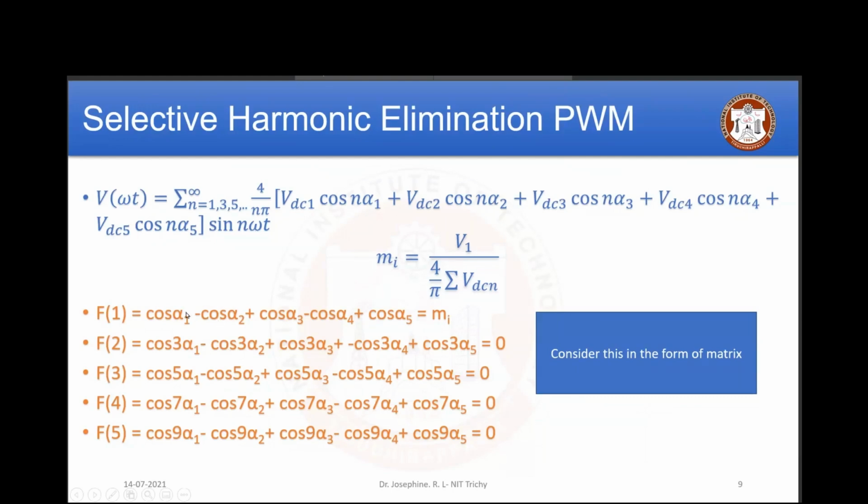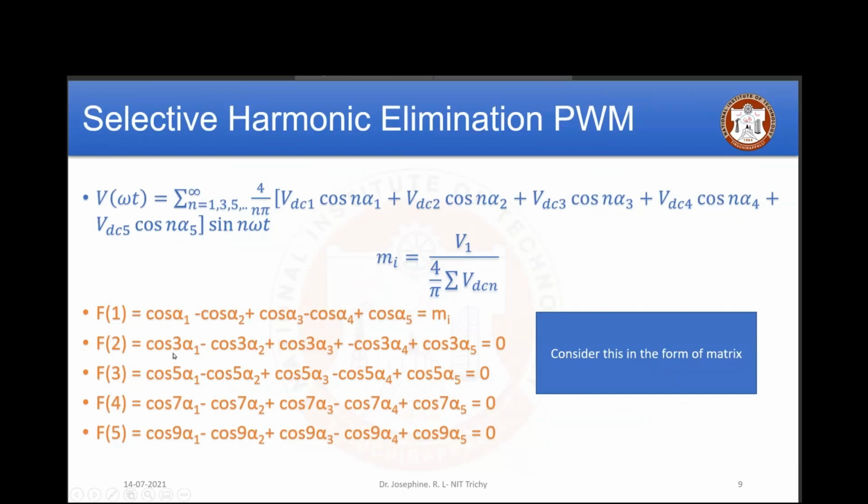But how to find this alpha 1, alpha 2 and all? It is always a big difficult task for us. Initially there is something called modulation index, which is your fundamental component relative to all other harmonics. Based on this, whatever fundamental component you want should be equal to this mi.